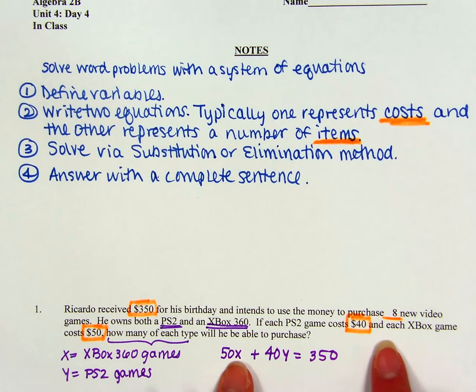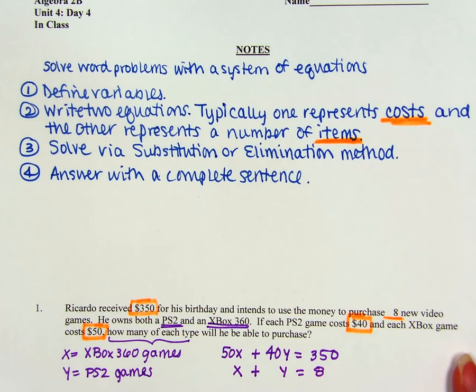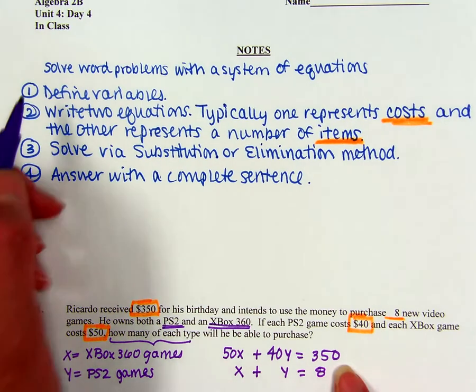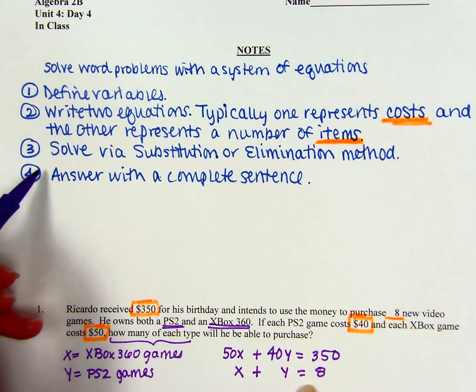So however many Xbox games I have times 50, however many PS2 games I have times 40, and then I add that up, and that should give me $350 that he can spend on his games. All right, the second equation should just deal with number of items. Well, I have some amount of Xbox games and some amount of PlayStation games, and total I should have 8 new video games. All right, so now we've defined our variables. That was saying what x and y was. We wrote our two equations, and then now you can solve.